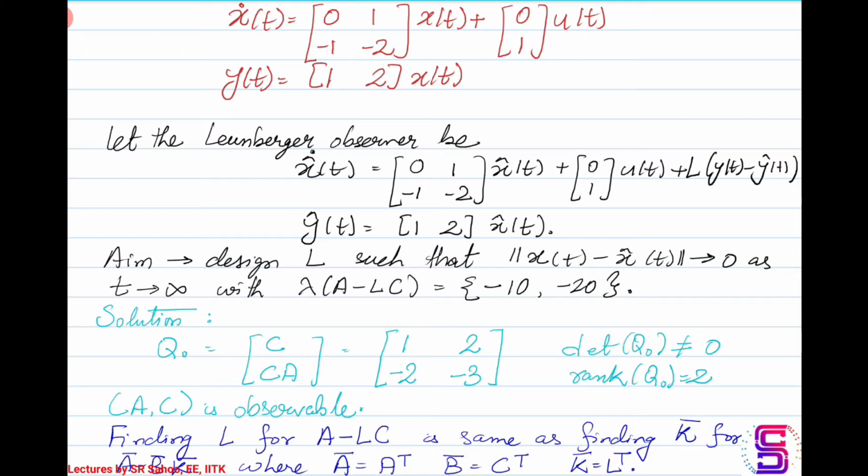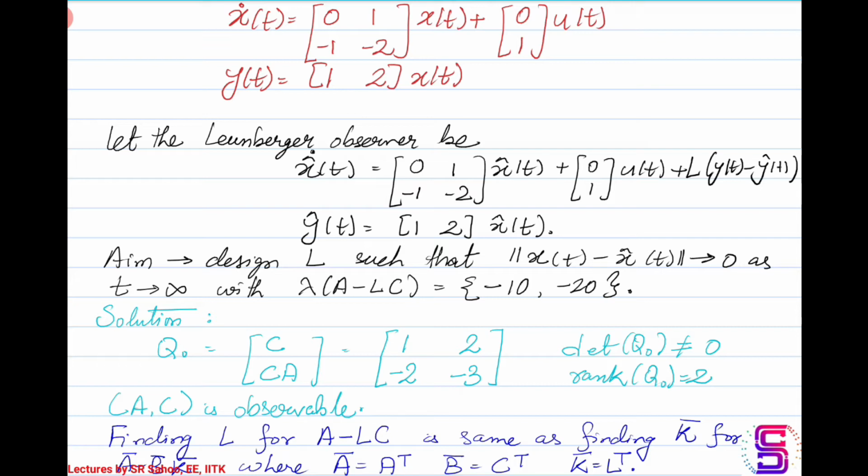The Luenberger observer is x hat dot equal to the A matrix from the LTI system times x hat, plus the B matrix from the LTI system times u(t), plus the L matrix that we will design multiplied by the error between the actual output and the estimated output. The estimated output is nothing but the C matrix of the LTI system multiplied by the estimate x hat. This is the construction of the Luenberger observer that we have.